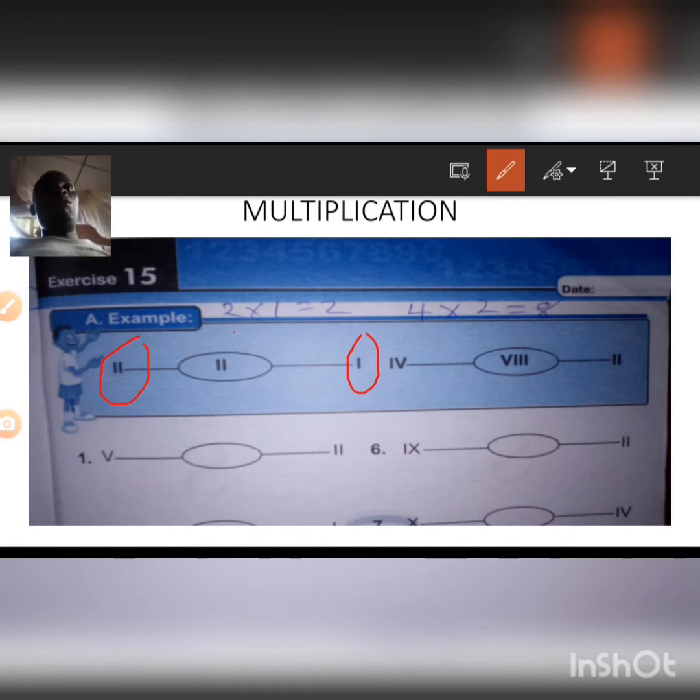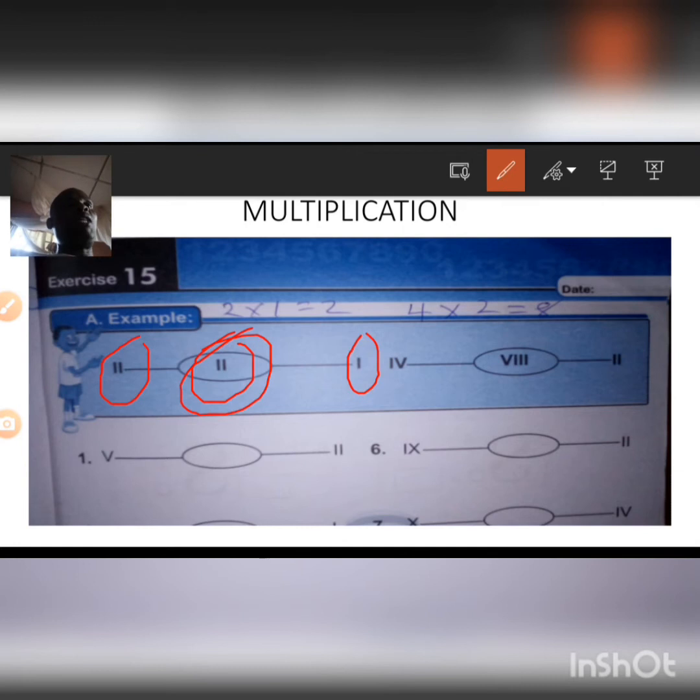In the middle, we have I, which is a 2. So it means when we multiply the numbers at the extreme ends, we get the number at the middle. That is 2 times 1 gives a 2.